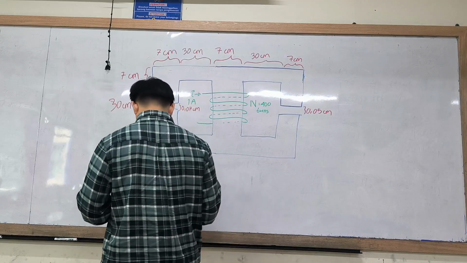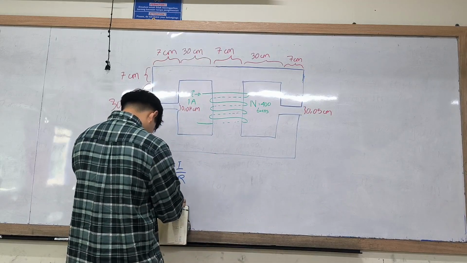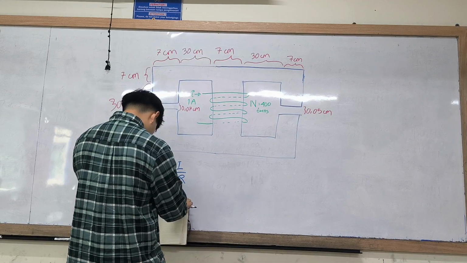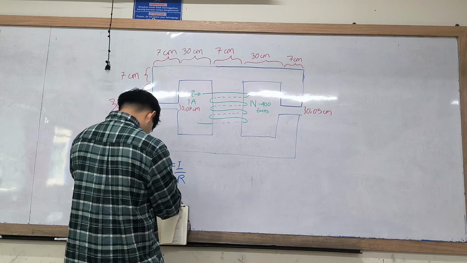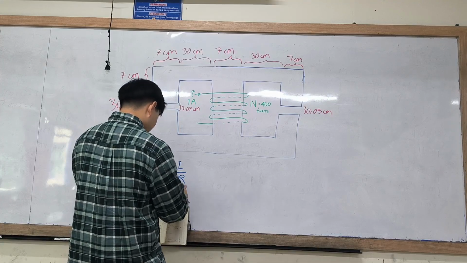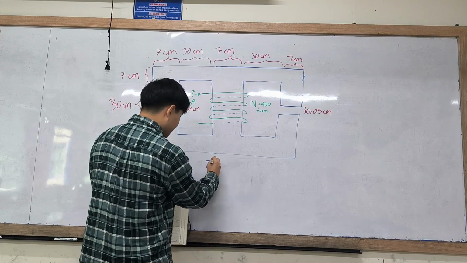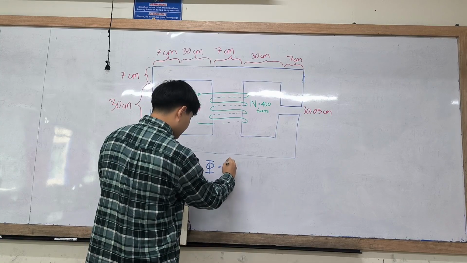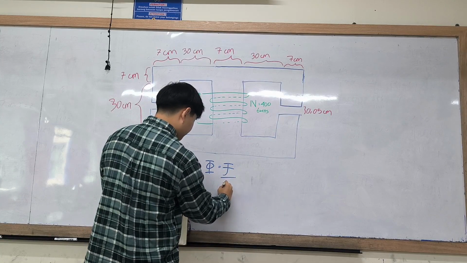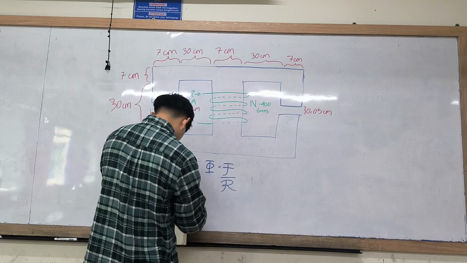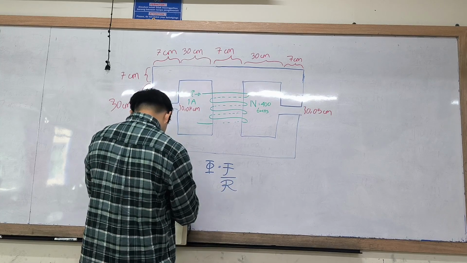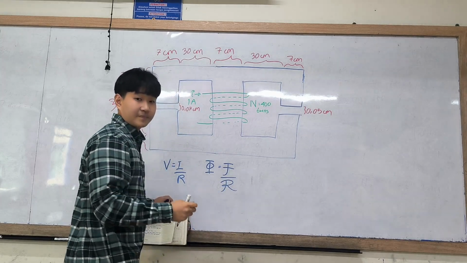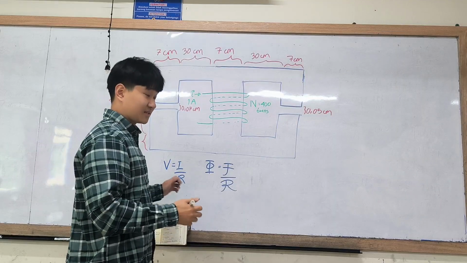It looks like this though: magnetic flux equals magnetomotive force divided by reluctance.